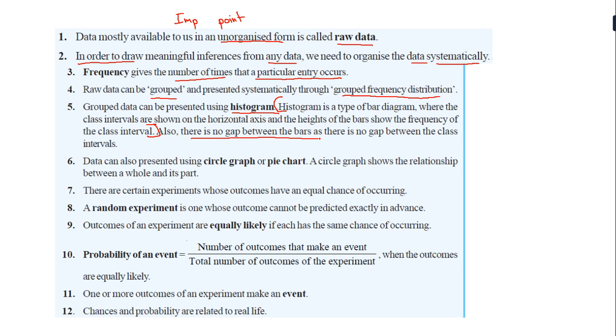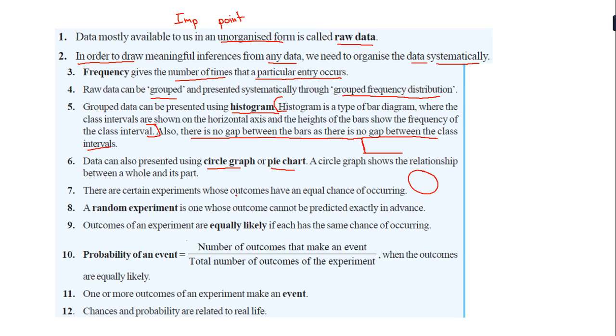There is no gap between two bars as there is no gap between the class intervals. That is important for a histogram. Data can also be presented using a circle graph, or pie chart. Generally we use the circle, it is called a pie.